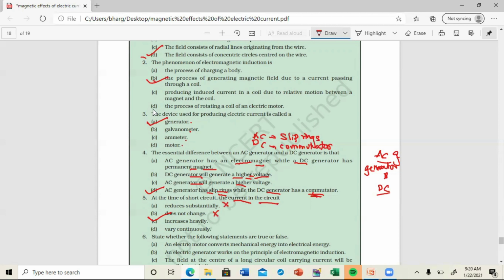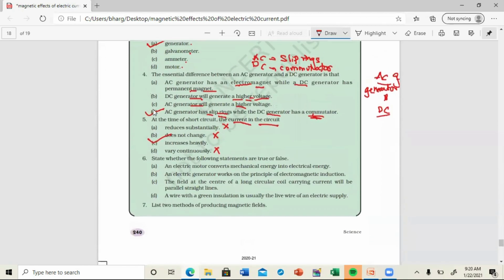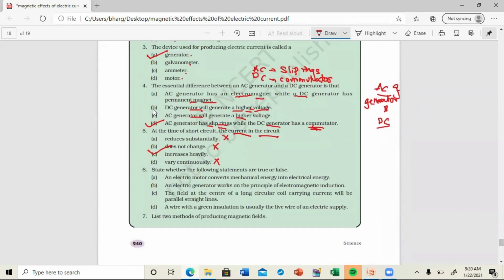B, DC generator will generate higher voltage. Wrong. AC generator will generate higher voltage. This is also not suitable to the question. The D is, AC generator has slip rings while the DC generator has a commutator.